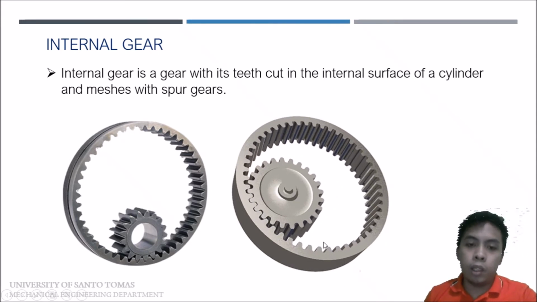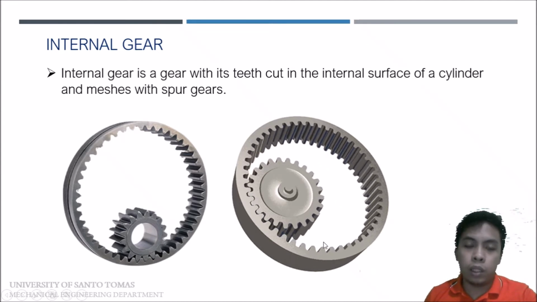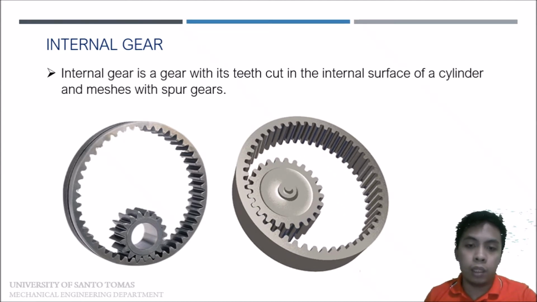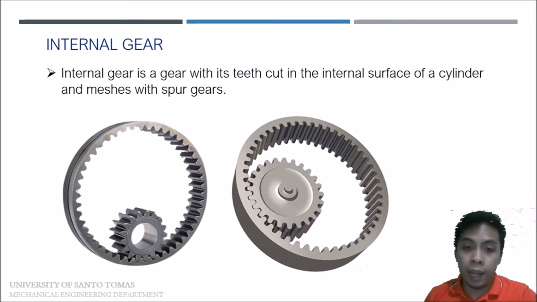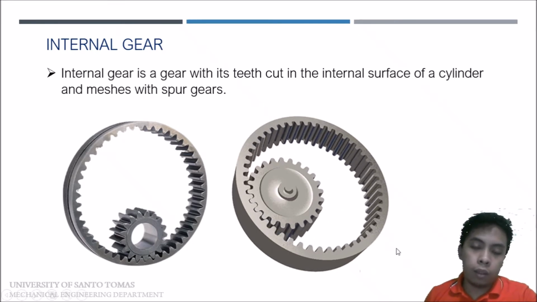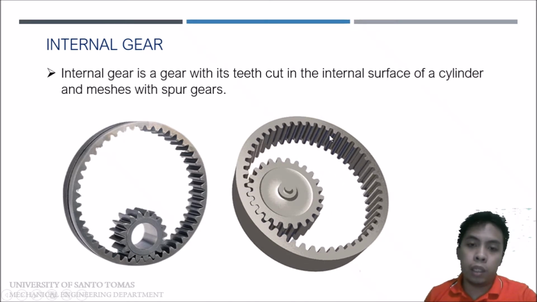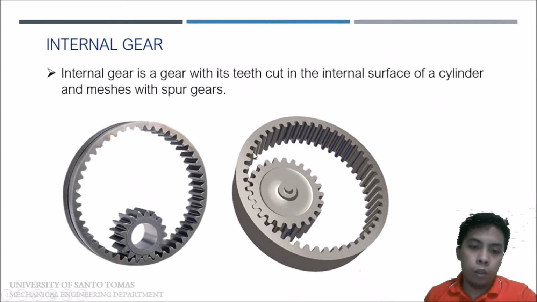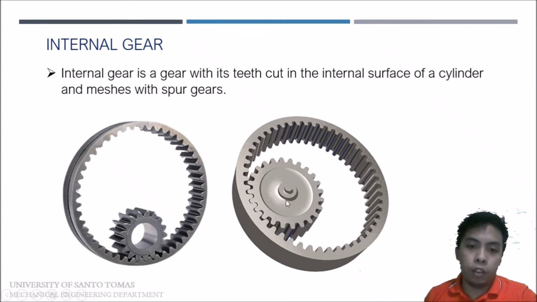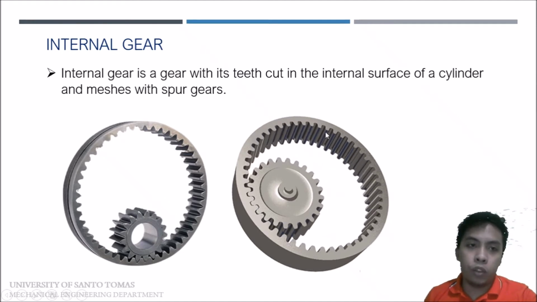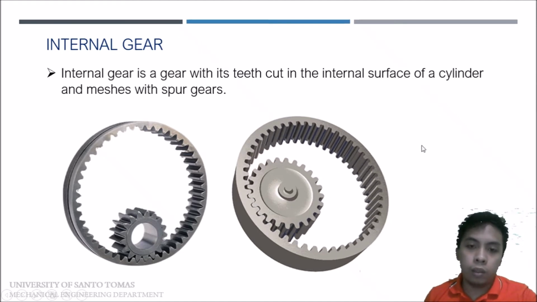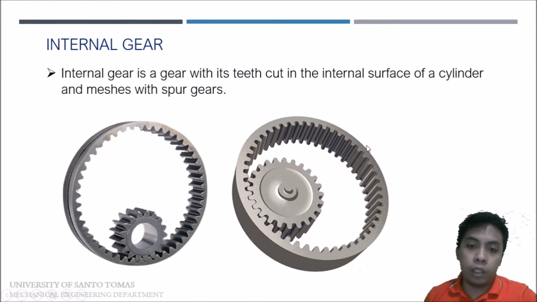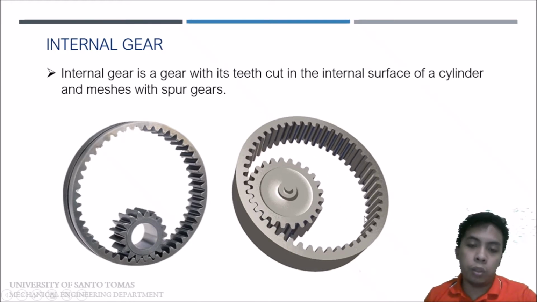The only difference between the two is that the driven gear in internal gears has teeth cut inside a cylinder, like this. So our usual pinion is a typical spur gear. What we call the driven gear is usually the ring gear.